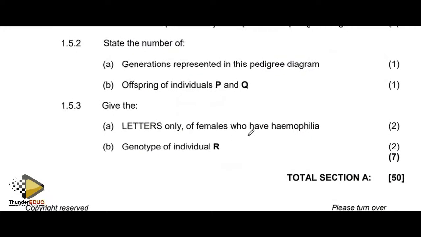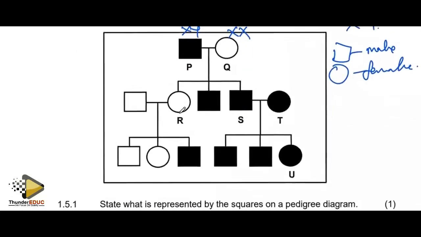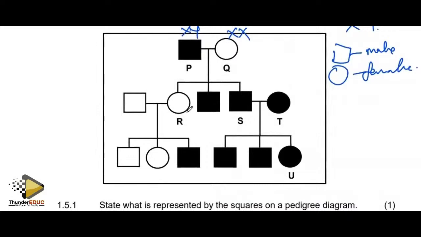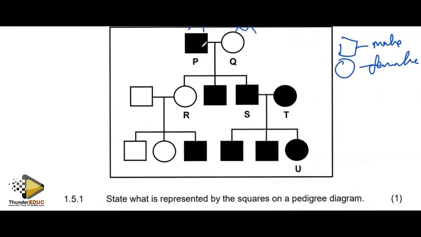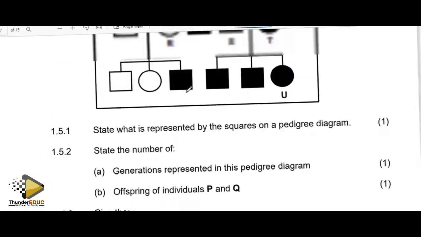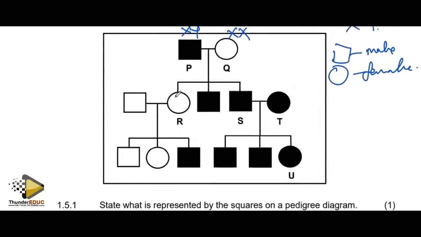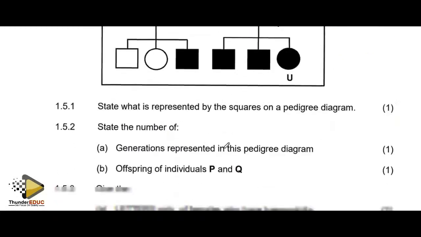Then give the genotype of R. Where is R? R is a female, but a female who came from a male who had hemophilia. So it means that she is heterozygous. This one and this one gave rise to a baby who is sick with hemophilia, which means that the lady is heterozygous.